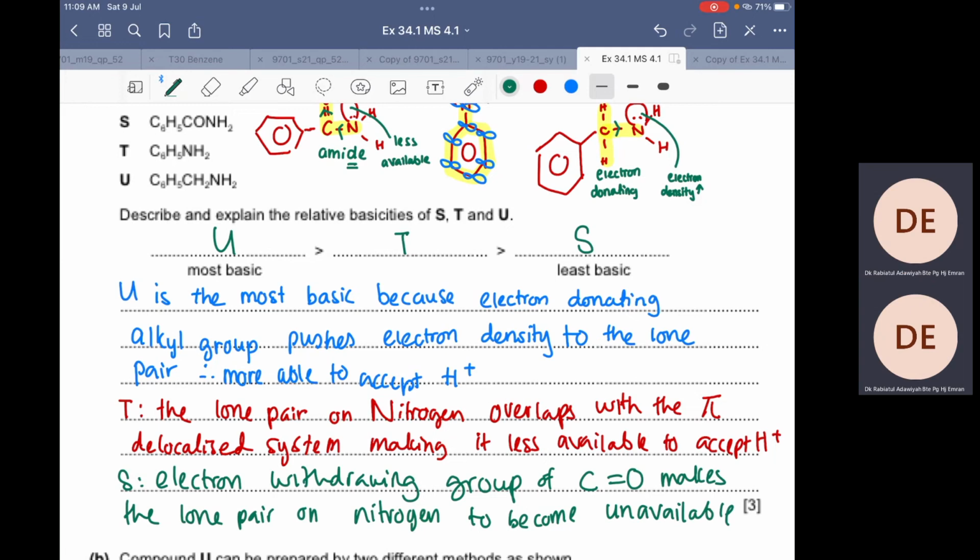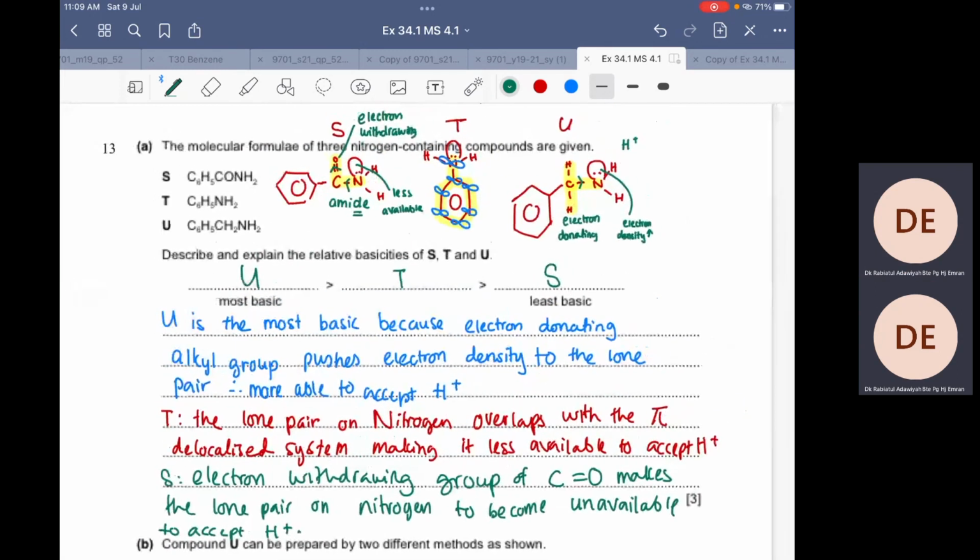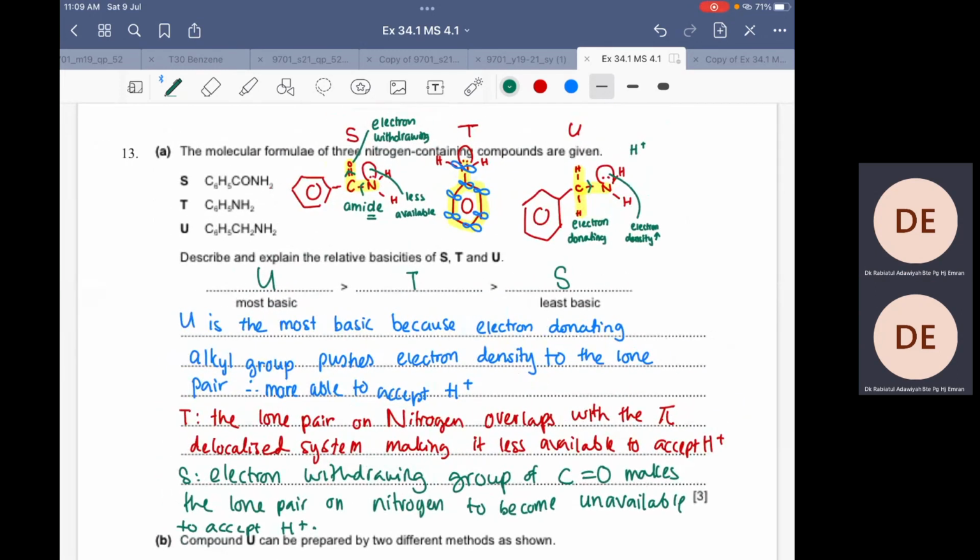So completely unavailable. Not less available, but this time it's completely unavailable to accept H plus. So that's how you would answer basicity or comparing different basicity of two or more compounds or molecules. All right.